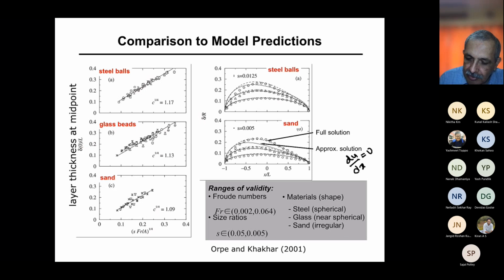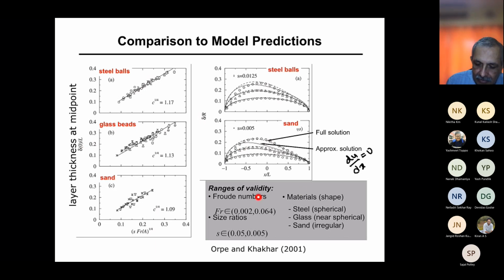The full solution is that whole equation and we solve that numerically. So if you do the full solution, it agrees extremely well. But for relatively lower Froude numbers, the approximate solution also works quite well. So the lines are the theoretical predictions and the points are measurements.